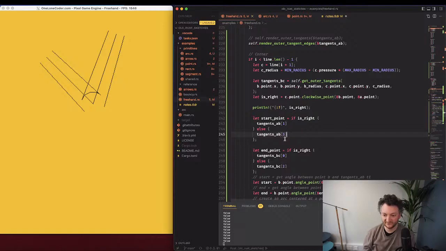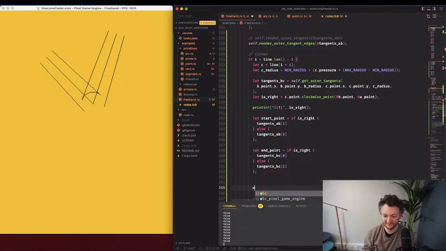It's a left-hand turn. And so we would want to be drawing it from A B. Hang on a second. Start point to draw OLC red.